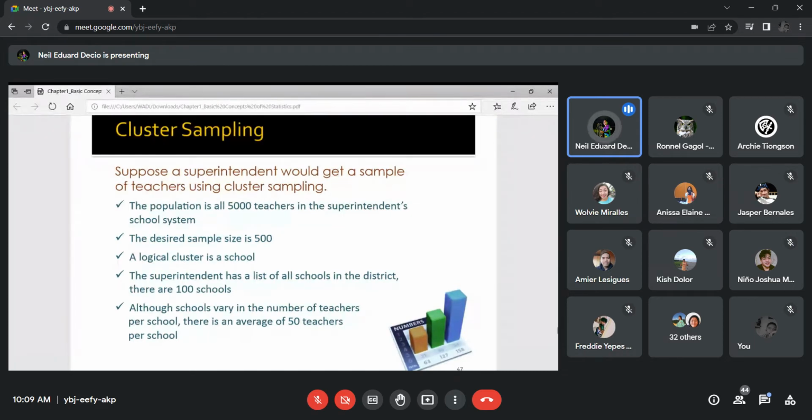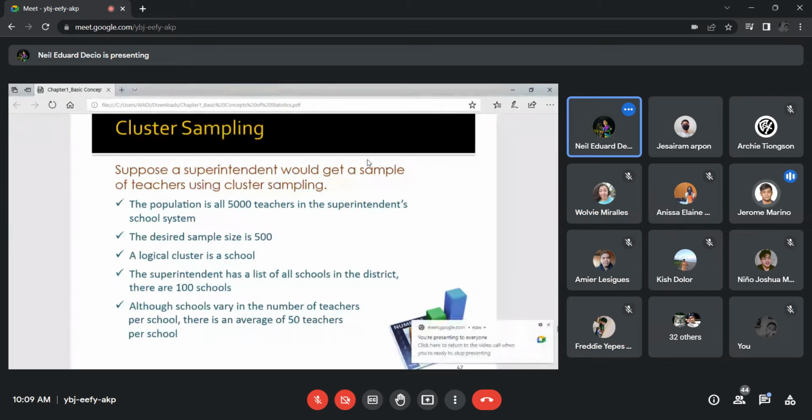How many schools do I need to get 500 samples? Anyone from the class? If there are 50 teachers per school, how many schools do I need? Twenty, sir?